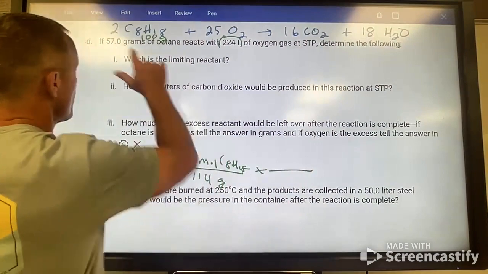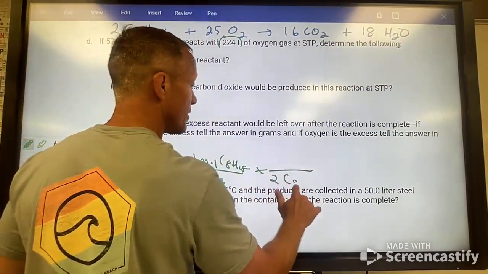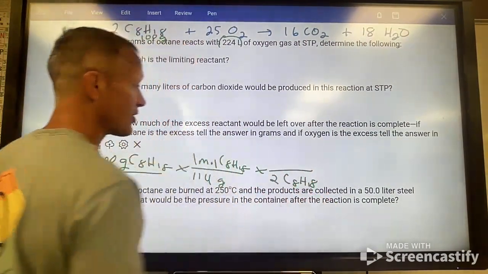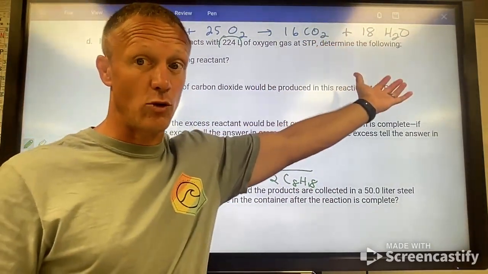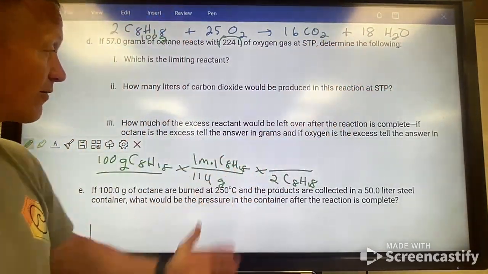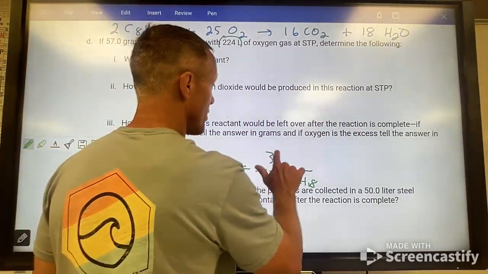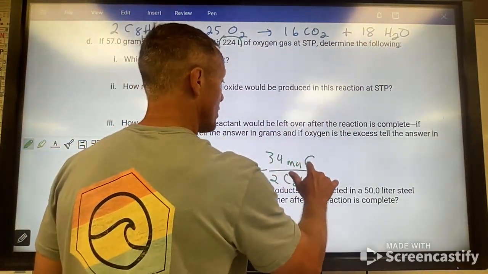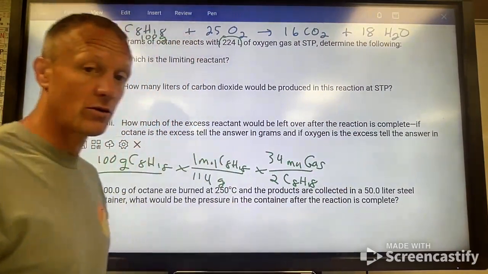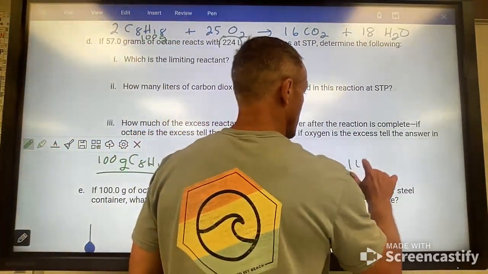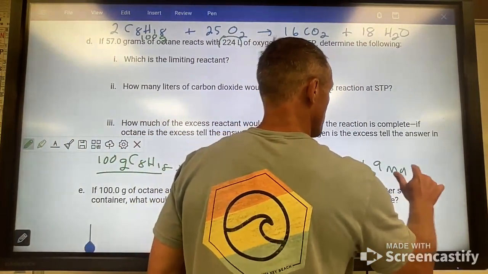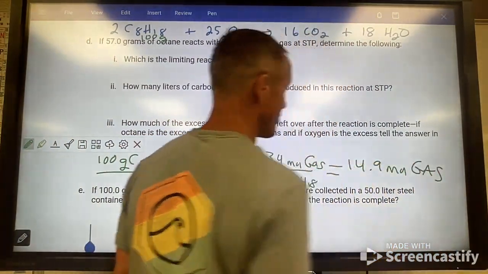Now we do a mole ratio: for every 2 moles of C8H18 that are used in the reaction, we make 16 moles of CO2 gas and 18 moles of water vapor gas. It would be gas because we're at 250. So let's add those together and say we make 34 moles of gas total. So that ends up being 14.9 moles of gas to be made.